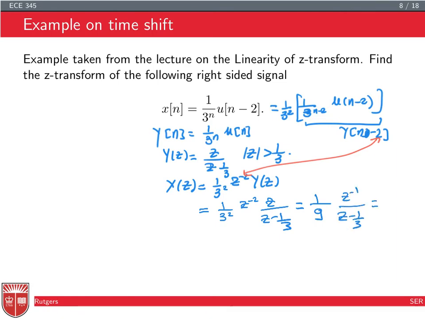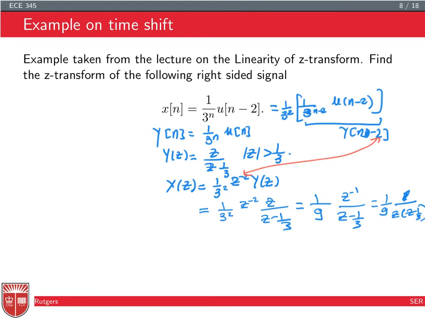If you multiply both numerator and denominator by z, you get 1 over 9 times 1 divided by z times (z minus 1/3). So you created a new pole, z equal to 0, which was not there before you shifted the signal.